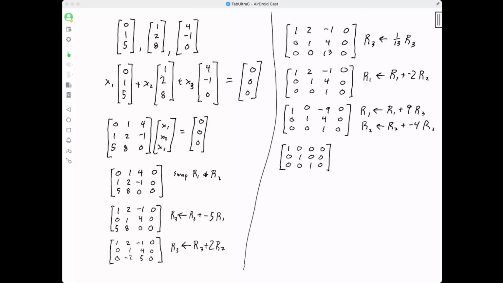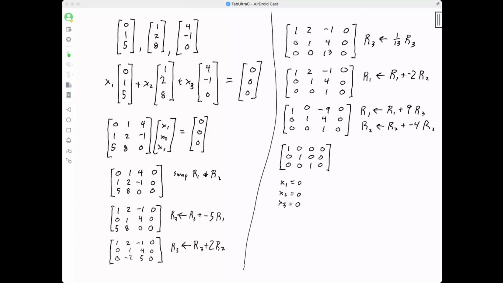From this, I can read off that x1, x2, x3 are all equal to 0, which means that the only solution is the trivial one where they are all zeros, or I could write that as the 0 vector.